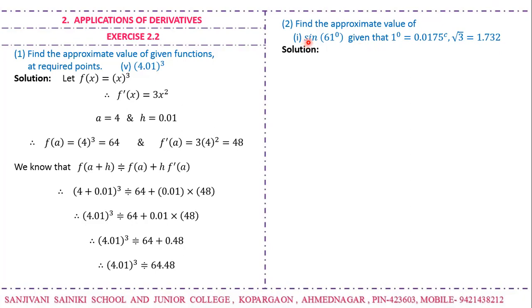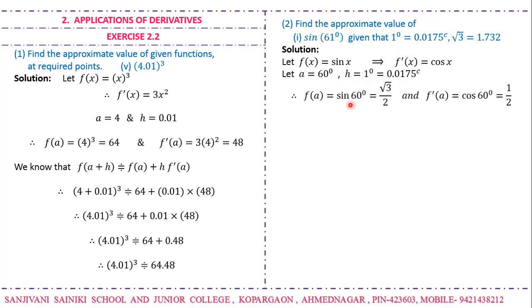The function sine of something is given, so we have to choose sine x. So f of x is equal to sine x, its derivative is cos x. So now we have to choose a as 60 degree and h is 1 degree, but 1 degree is 0.0175 radian. My sine 60 is root 3 by 2 and f dash at a, that means cos 60 is 1 upon 2.